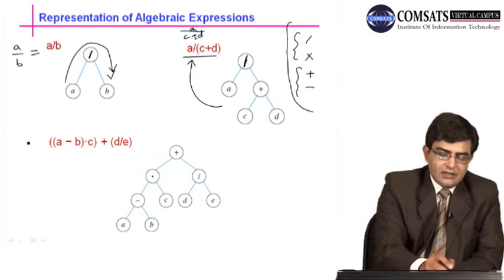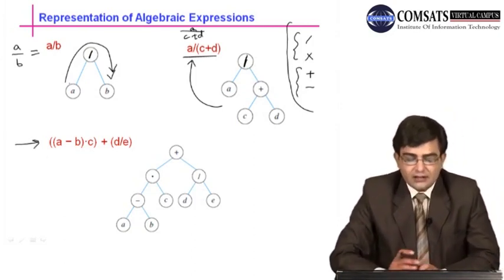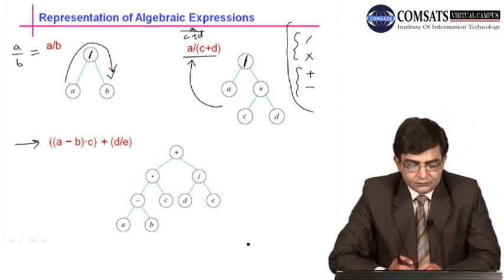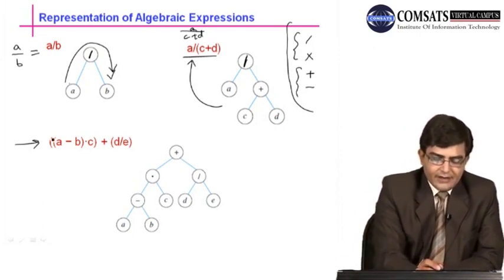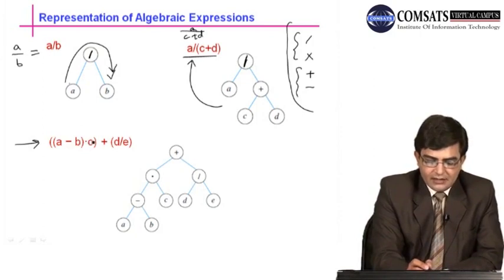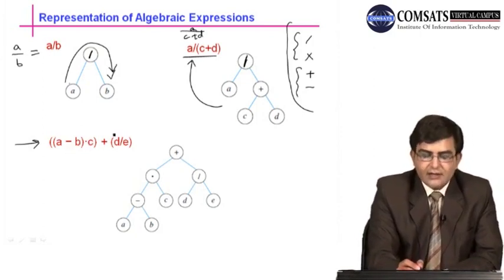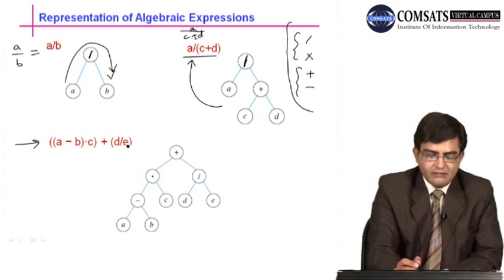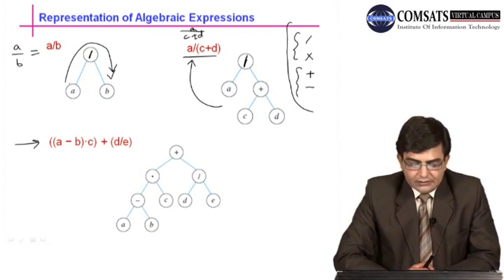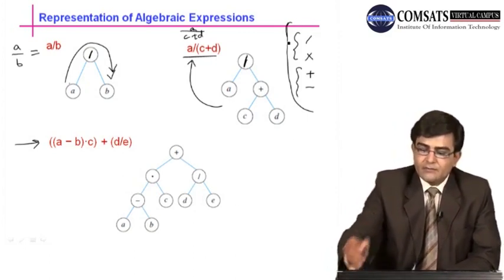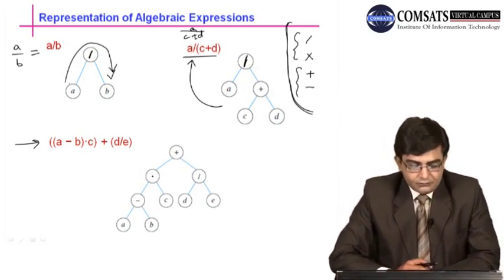Now we consider a more general algebraic expression and how to express it with the help of binary trees. Here we have a bracket, in the bracket we have A minus B into C, and then we have plus, and a bracket with D divides E. Even if we don't have these brackets, we can write the binary tree with the help of the order of preference.